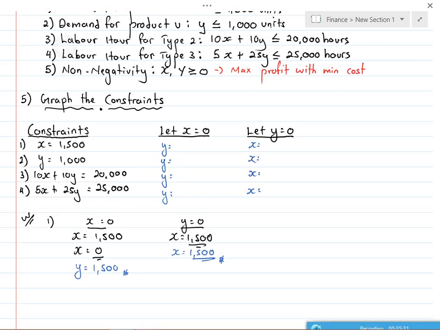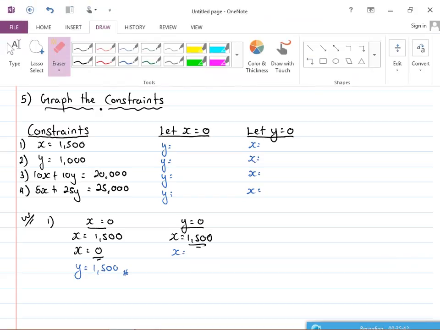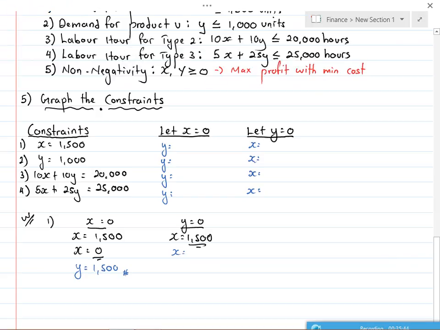That's already wrong. So how? Come on, work it out for me. How much? Quite simple. Simple maths. Okay, very good. So this one confirm? Yes. Okay. Next?